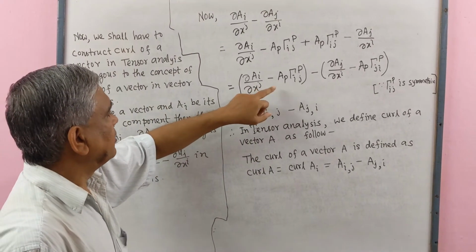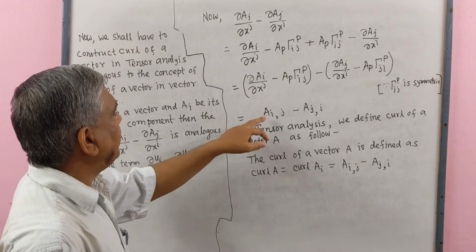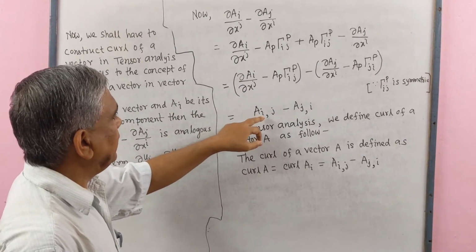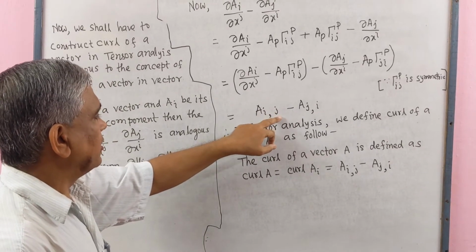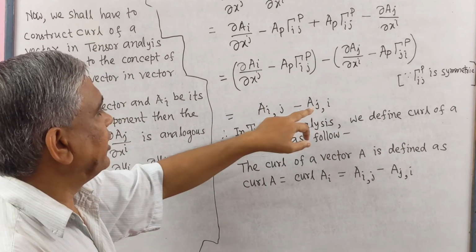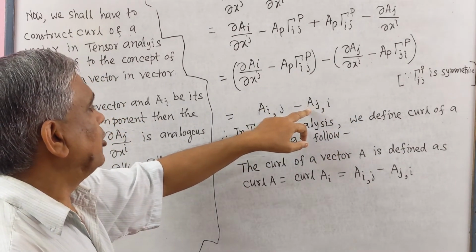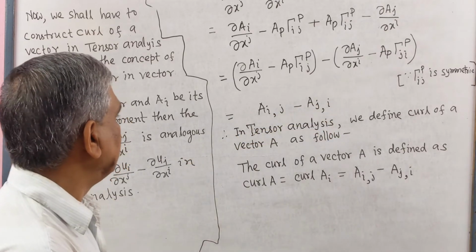This first bracket is the covariant derivative of Ai with respect to xj. This bracket represents the covariant derivative of the covariant vector Aj with respect to xi.